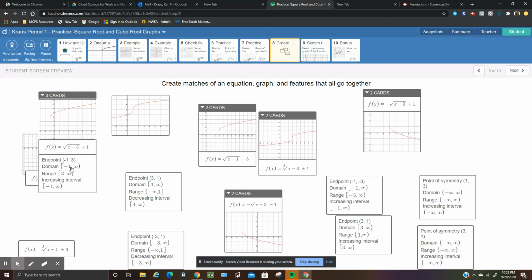Alright, so I dug at the characteristics here. Something wrong here. It's not right.